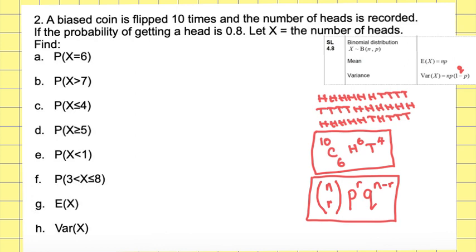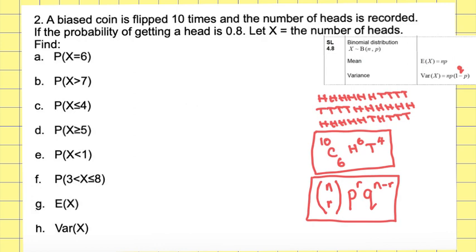There's the binomial PDF, which allows you to calculate single events, like the probability of getting 6 heads, or there is the binomial CDF, which allows you to calculate the probabilities of, say, x is greater than 7, which means the probability of getting 8, the probability of getting 9, the probability of getting 10, all added together. So there is a range of values for the binomial CDF.